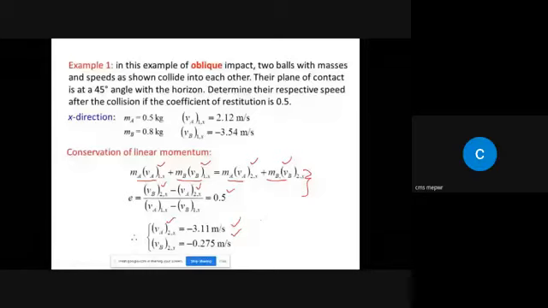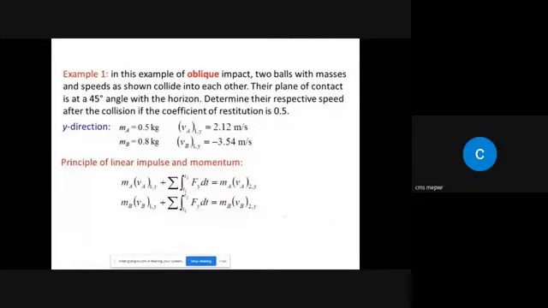Now we need to find the y components. If we get these two, then it will be easy for us to find the final velocity. To find the y components, we can apply the principle of linear impulse and momentum.